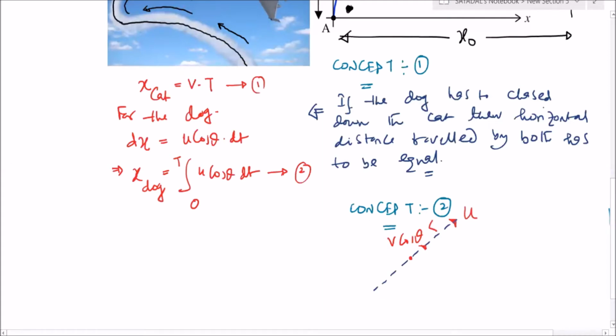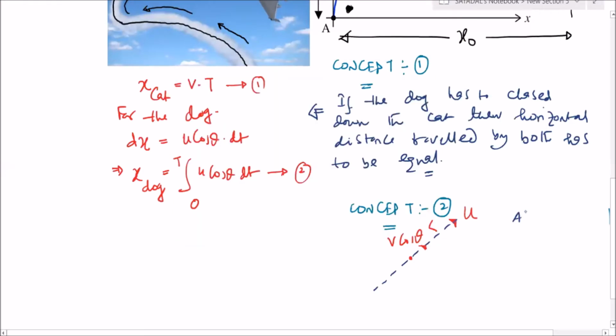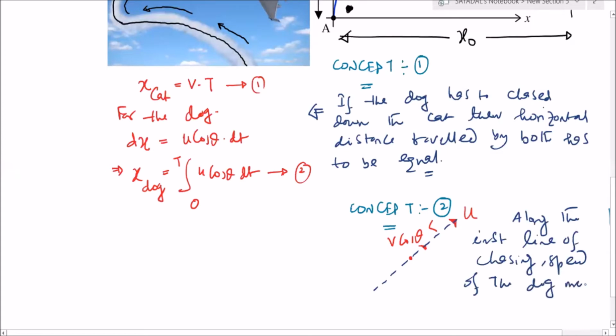So now the concept is: along the instantaneous line of chasing, the speed of the dog must be greater than the speed of the cat.